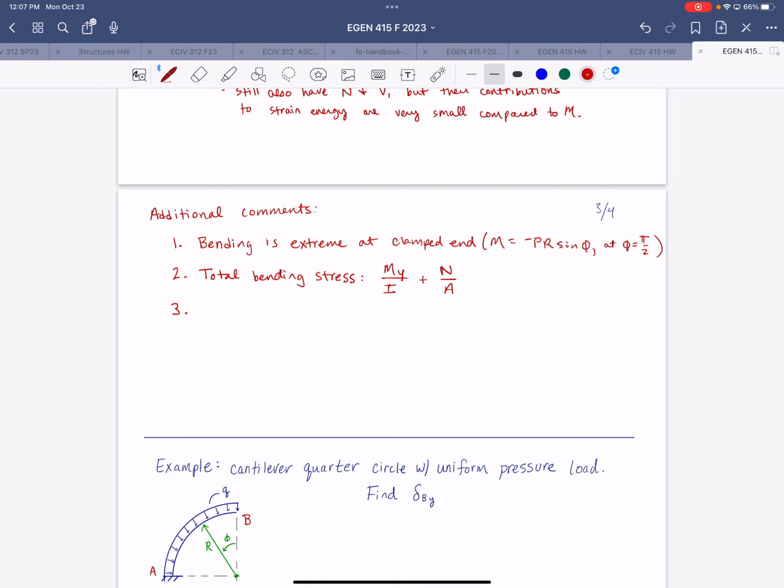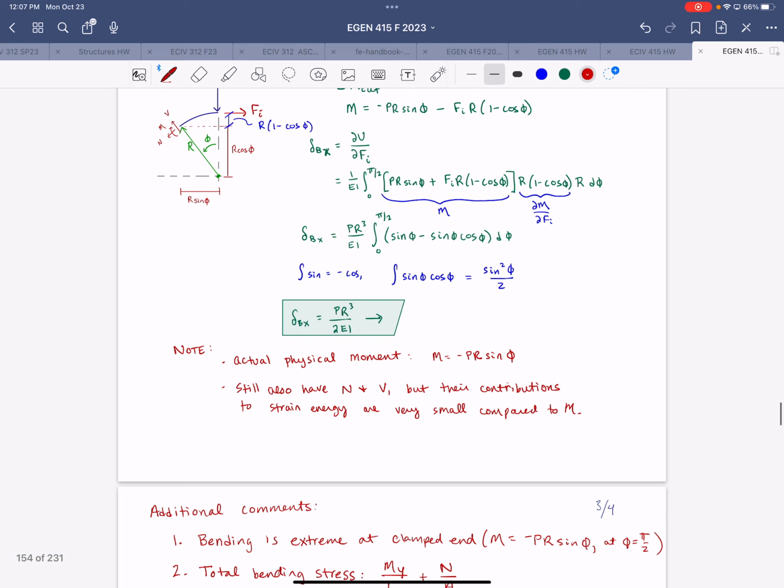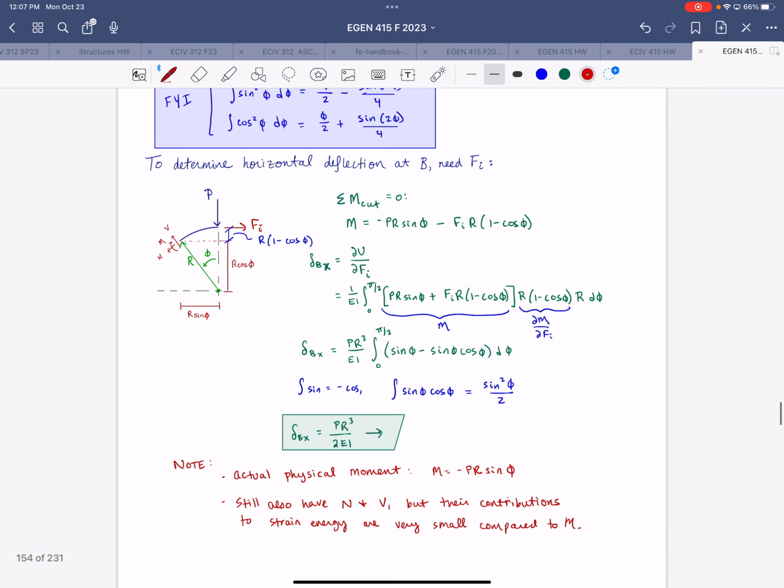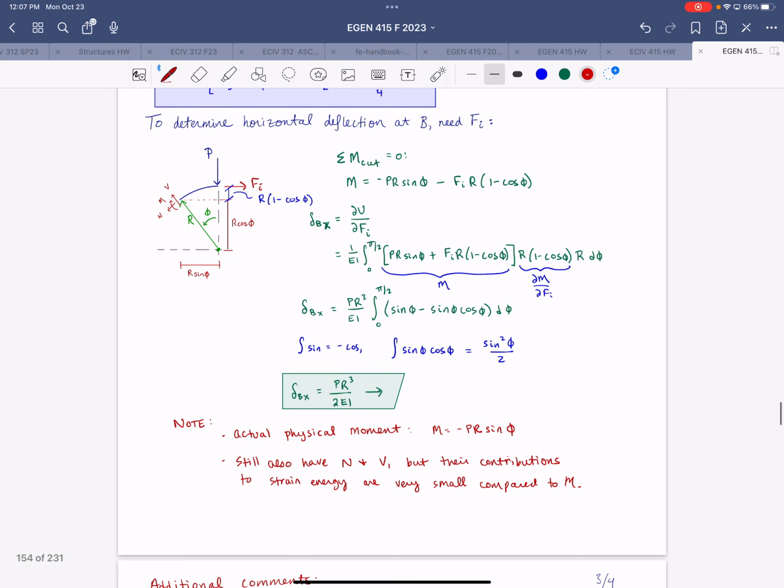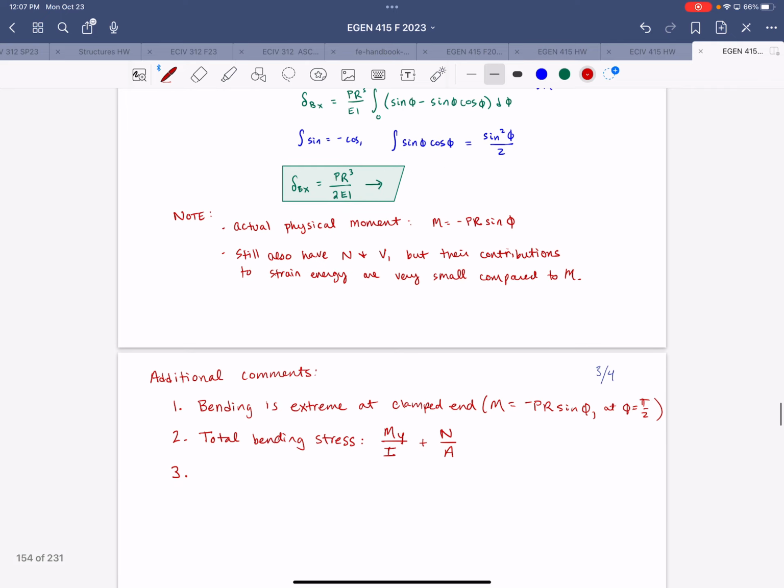Once we have, let's see, what do I want to think about here? So if we have a determinate problem, we can easily obtain the moment distribution equation. So we can derive the formula for deflections from that, using the same methods that we've used before.